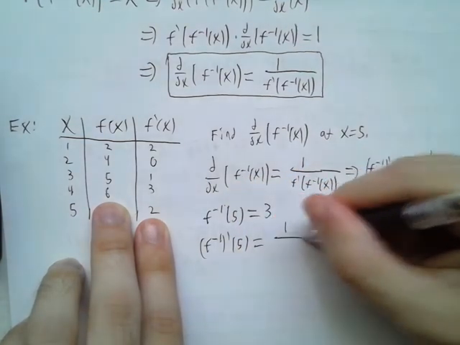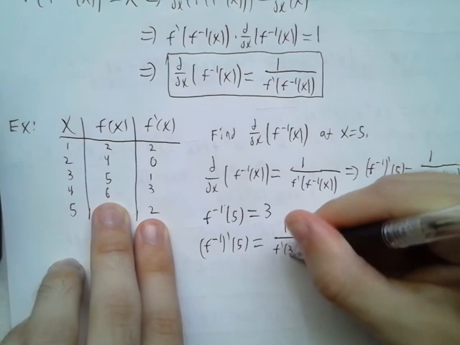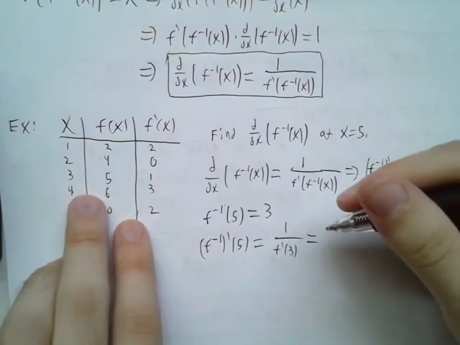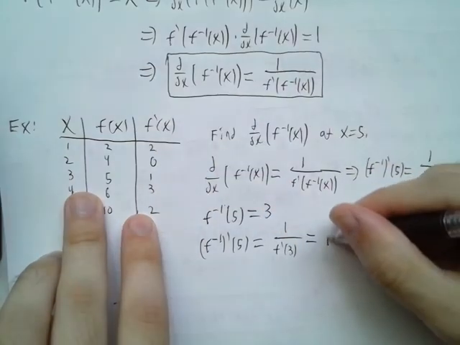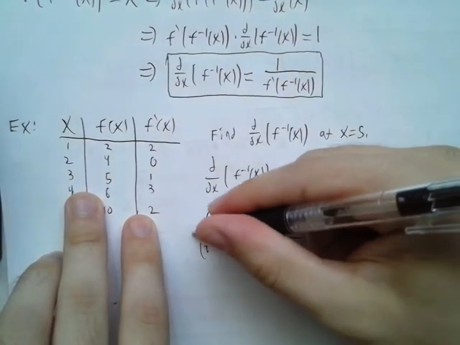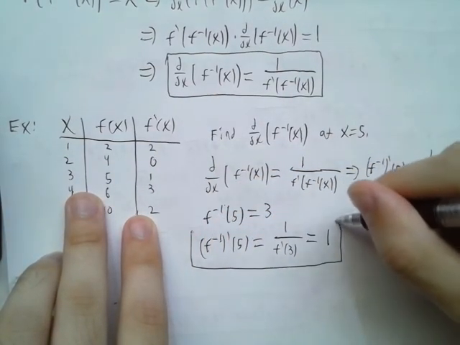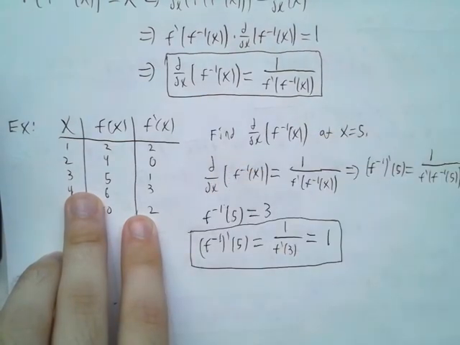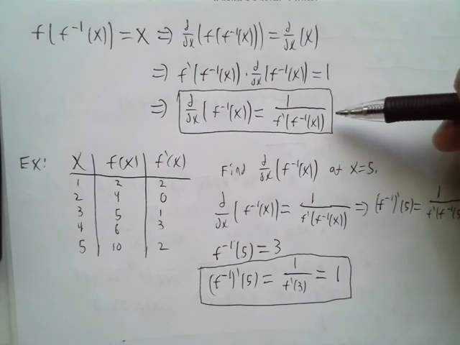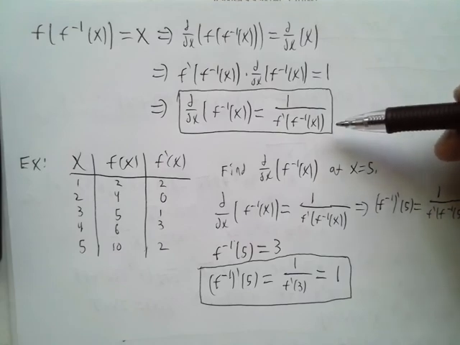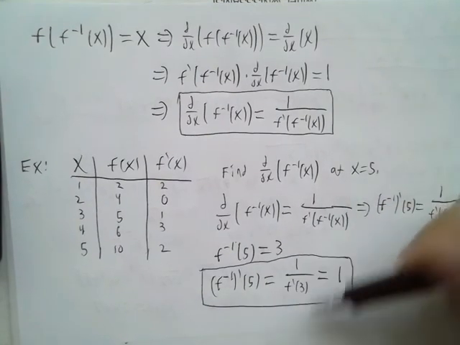Then if we look at our table here, f prime of 3 was equal to 1. So we get 1 for our final answer. So that's an example of how you can use this formula for the derivative of an inverse function to calculate the derivative of the inverse function, knowing only information about the derivative of the original function.